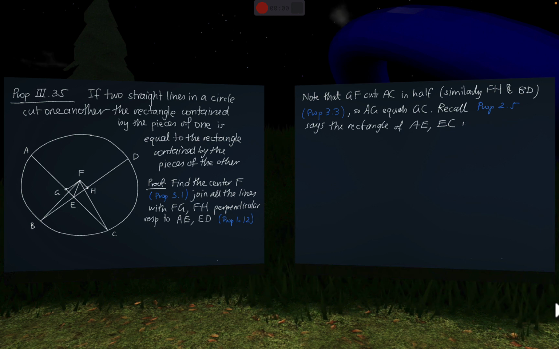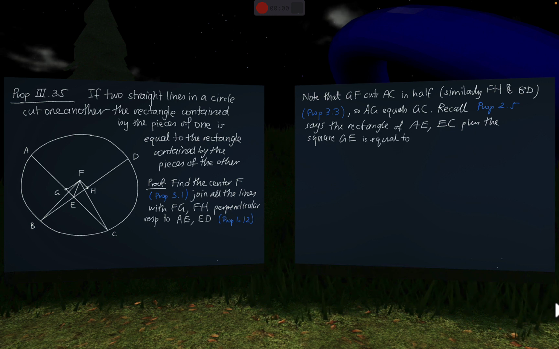So that's less than AG times GC, the rectangle on these two parts, plus the square of the gap between the midpoints and the midpoint in E's, that's GE, is equal to the square on the whole thing.